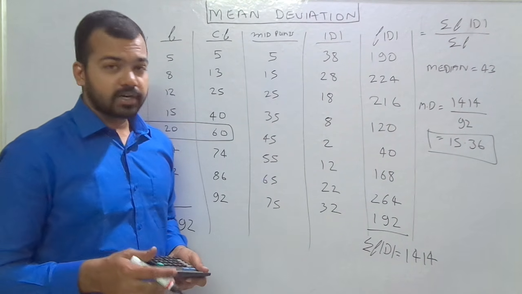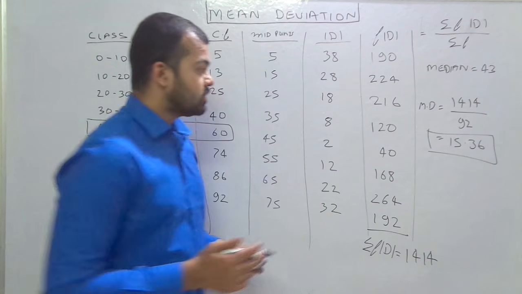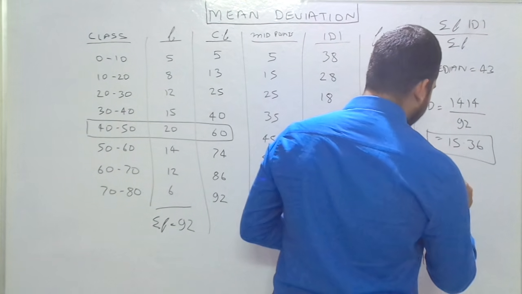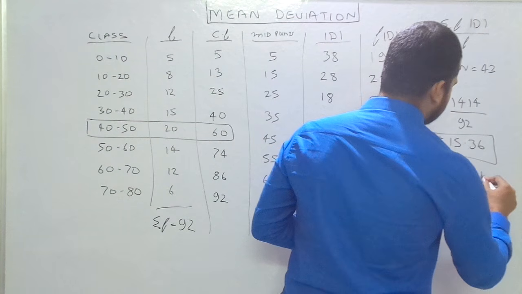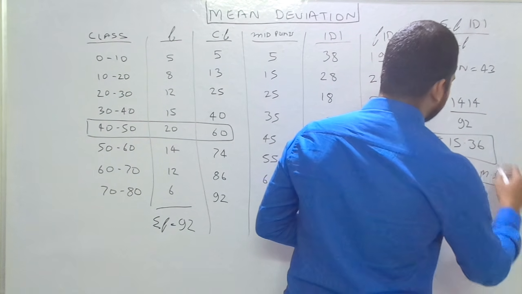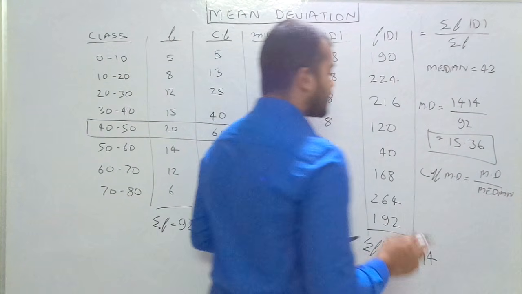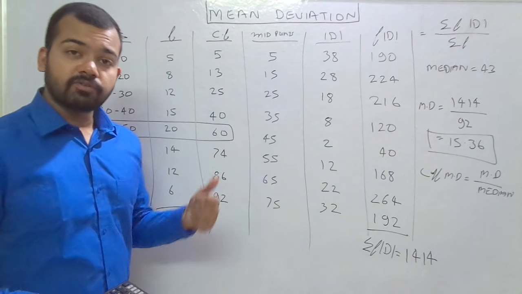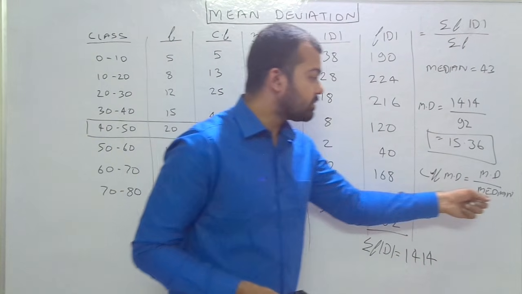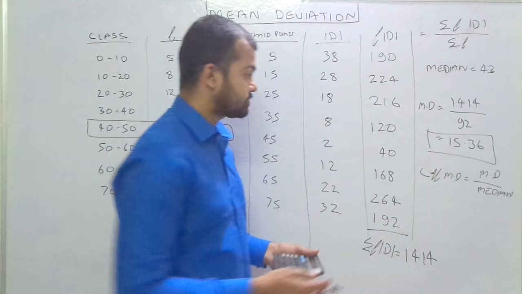Now if you want to calculate the coefficient of mean deviation, the formula for coefficient of mean deviation is the value of mean deviation divided by the value of median. Because we are calculating mean deviation from median, that's why we are putting median in the denominator.